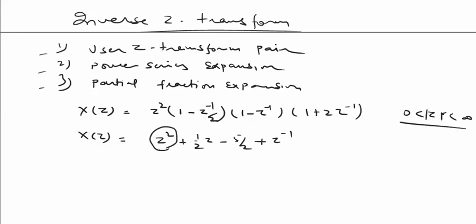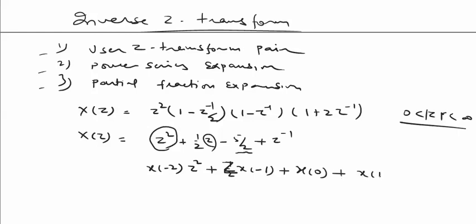By viewing this term, it is related to x of minus 2 z square, this term related to x of minus 1, half, x of minus 1 into z, plus x of 0 because constant term, x of 1 because z minus 1.